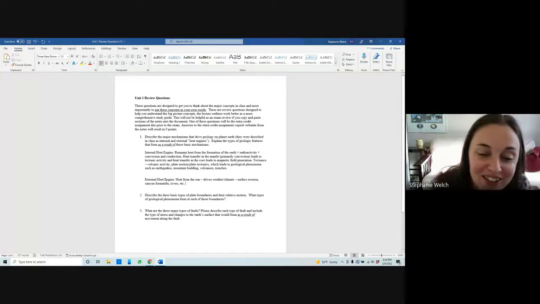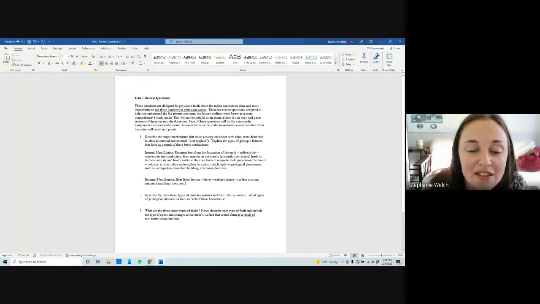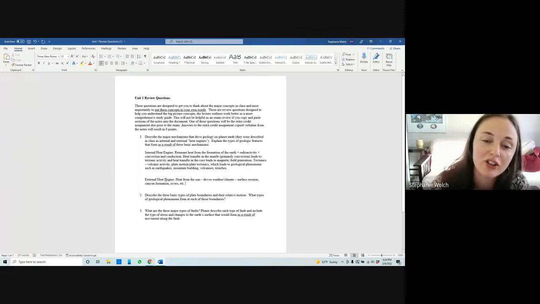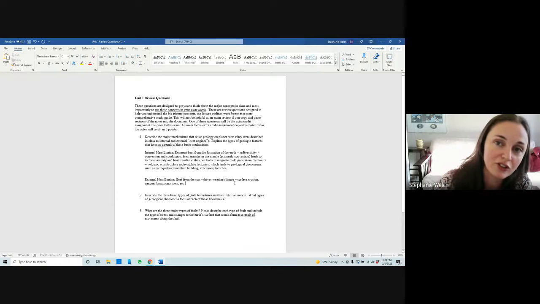So this external heat is going to be processes in the atmosphere that affect the surface, as opposed to the internal heat engine being all of these internal heat processes that then affect the surface.